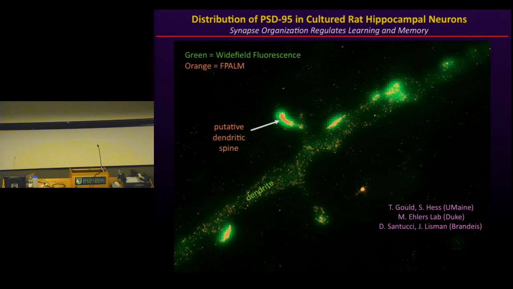So the green is the wide field image, which is quite blurry, you can see, and the orange is the FPALM, which is much better resolved. In fact, on this putative spine, we see heterogeneity in PSD95, which is normally localized to the synapse, but with wide field microscopy, you wouldn't see any real concentration gradient there, you just see a blob. So we're able to resolve structures within the synapse.